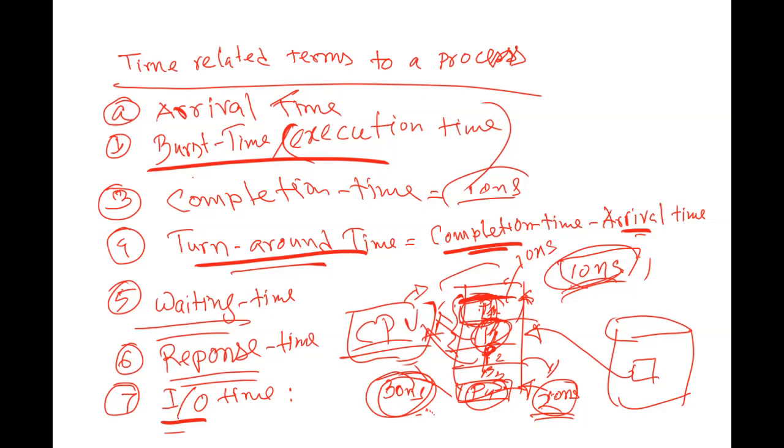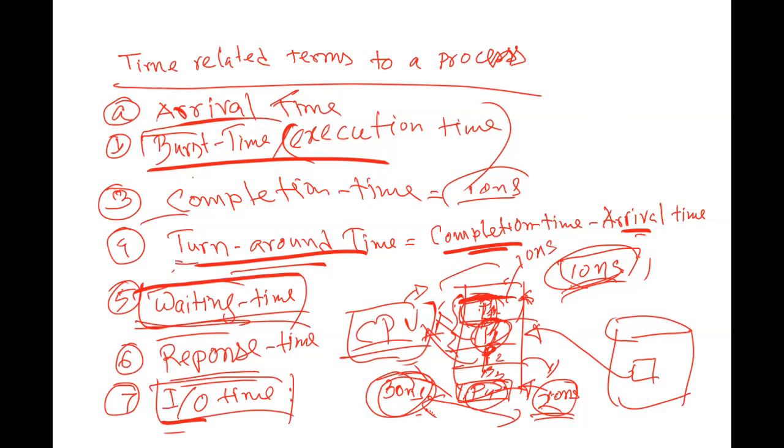So from here you can see that after arriving, a process can execute for its burst time, or complete its execution at the completion time, or it can wait. Let's say it needs to wait for 10 nanoseconds. That is its waiting time as well as its IO time.